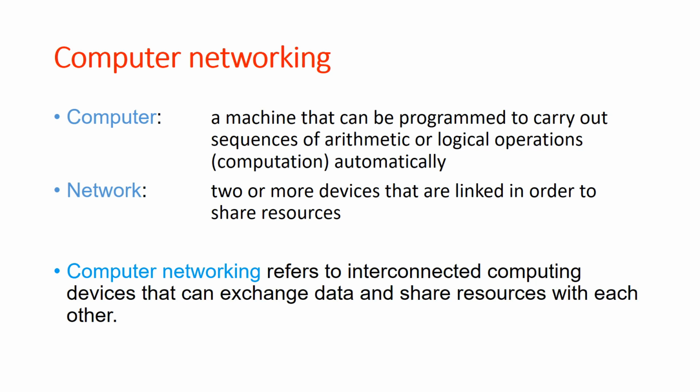So with computer networking, there has to be two or more, or several, devices, and there has to be something that they are sharing amongst them. And we've seen it's the exchange of data. They are sharing resources or they are exchanging data.